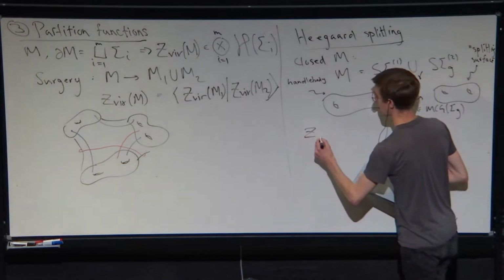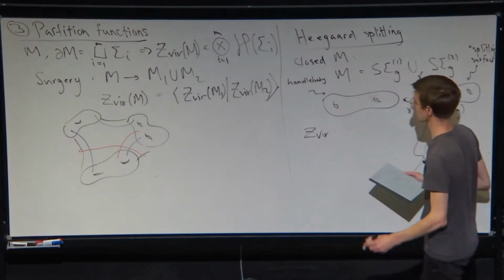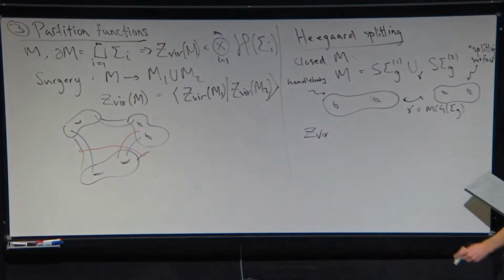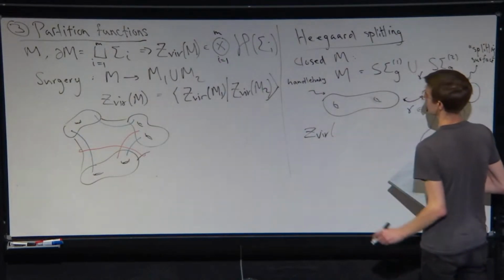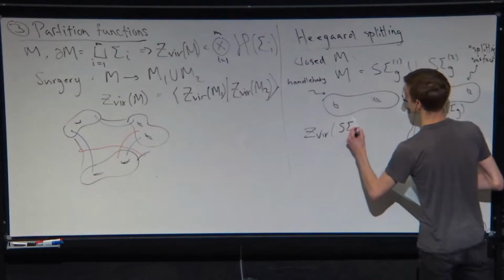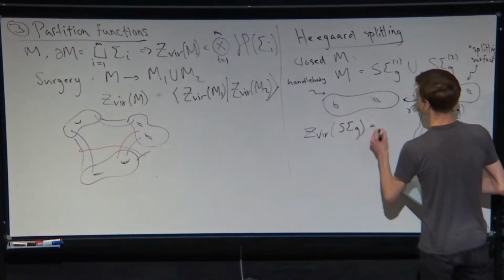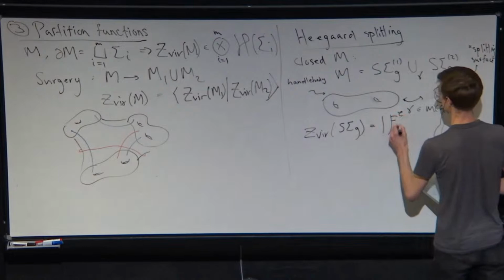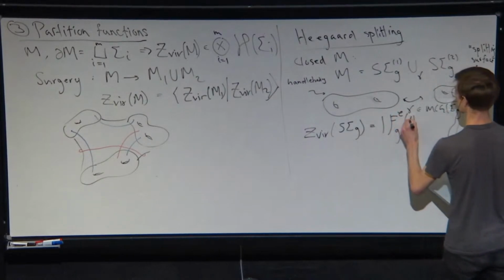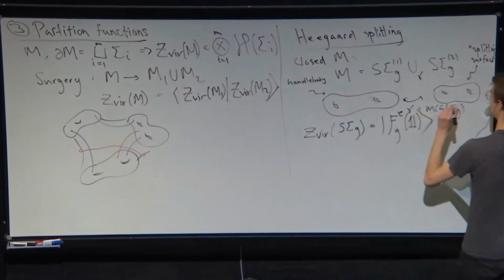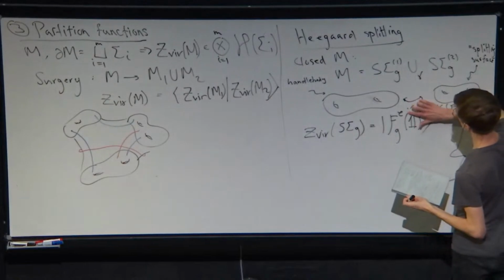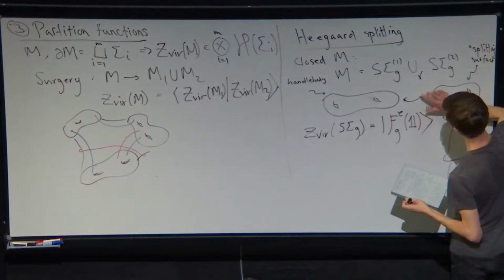Now, it's a well-known fact that the gravity partition function on handlebodies is given by the identity block. Sorry for the density of the notation here.